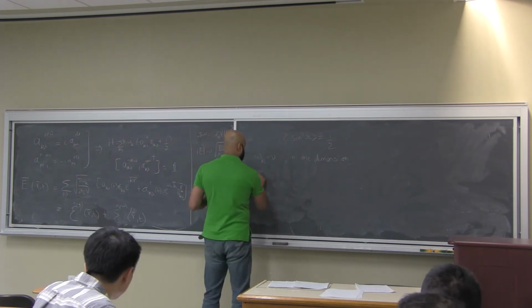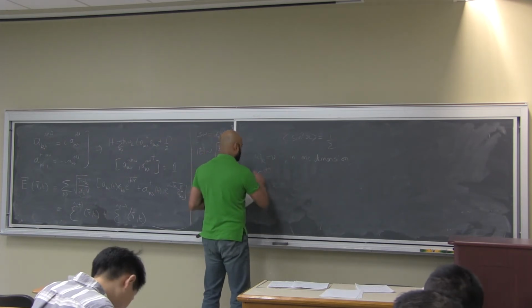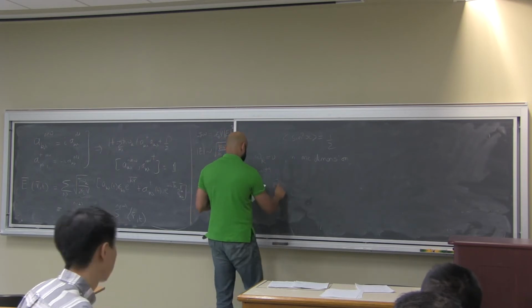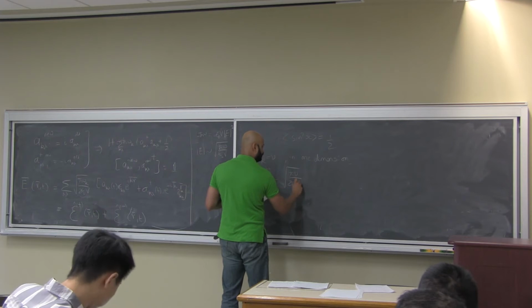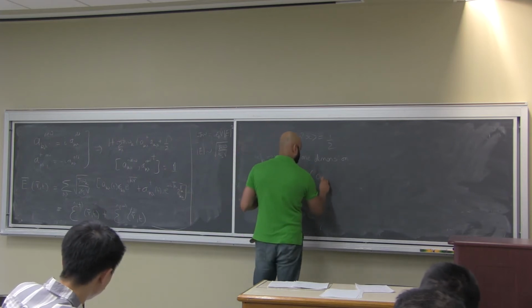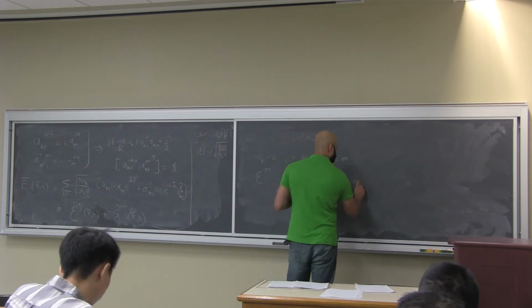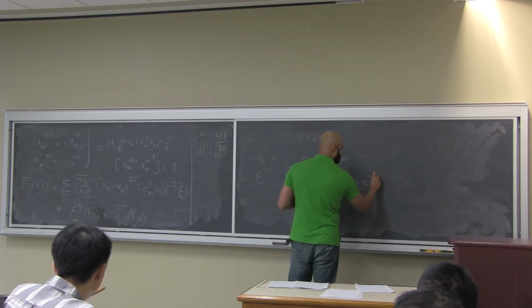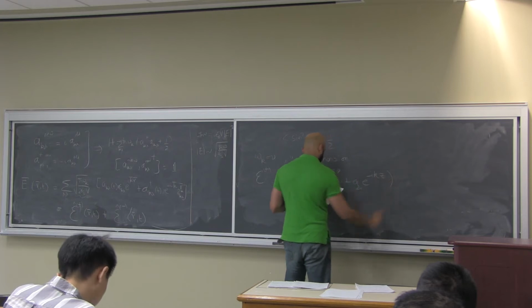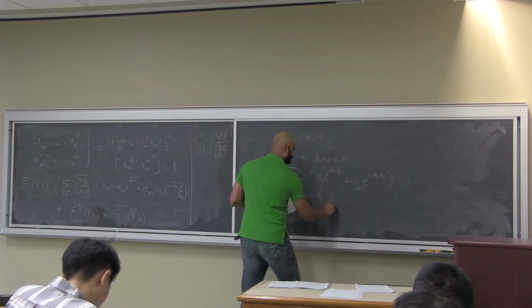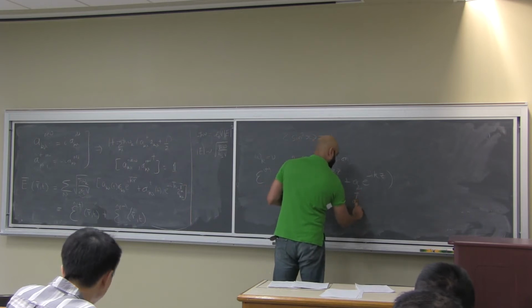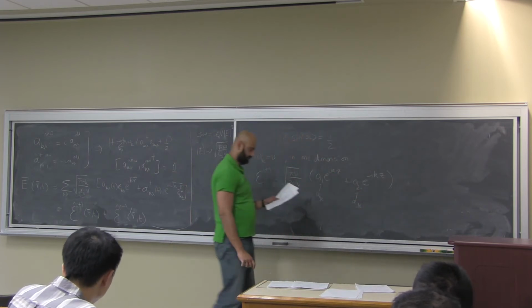Then the positive frequency term of the electromagnetic field that I just erased can be written as square root of h bar nu divided by 2 epsilon naught V times a1 e to the i kz plus a2 e to the minus i kz. Right? This is exactly a_k and a_minus k. Okay?